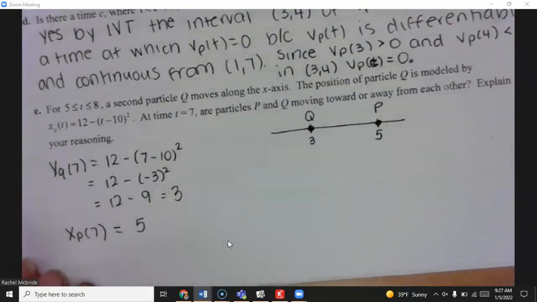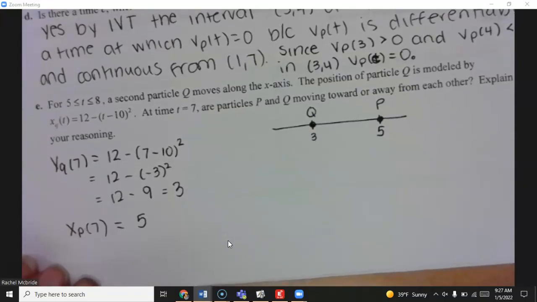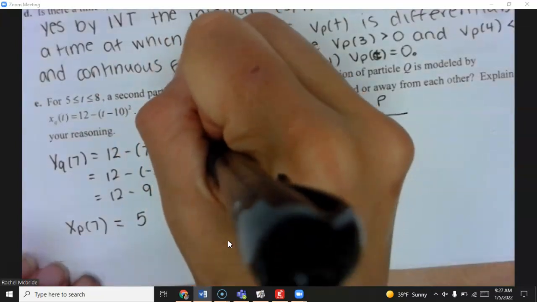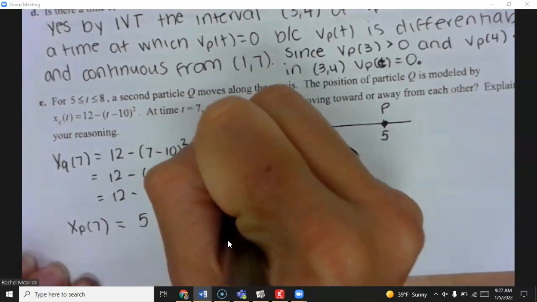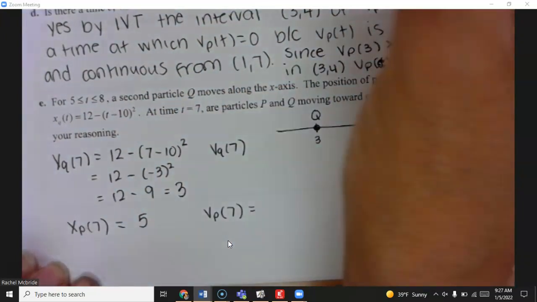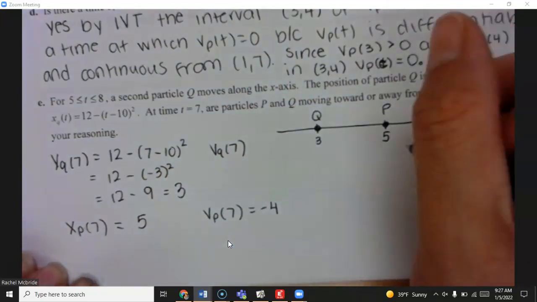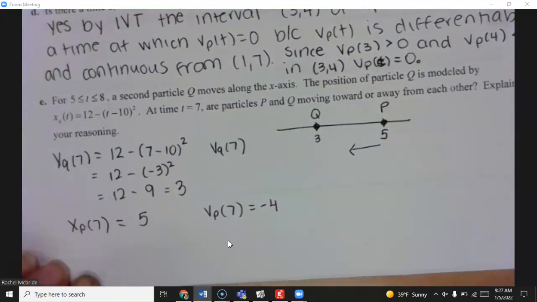Position of P at 7 is 5. And then we need to know the velocity of Q and P at 7. So the velocity of P at 7 is -4, which means exactly it's going to the left.